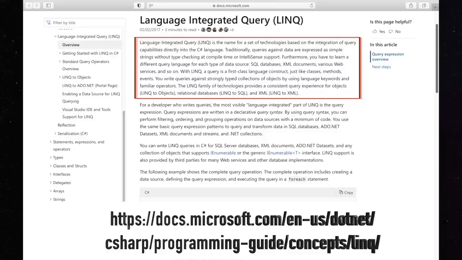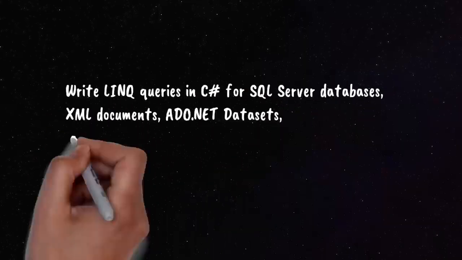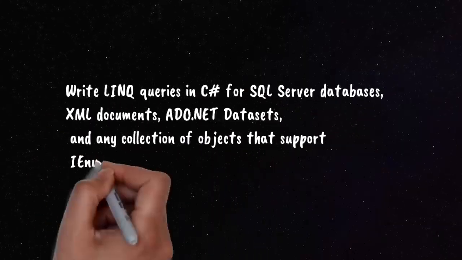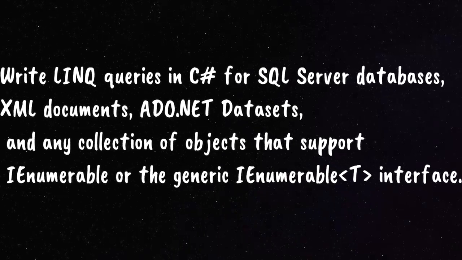The LINQ family of technologies provides a consistent query experience for objects, LINQ to objects, relational databases, LINQ to SQL, and XML, LINQ to XML. Note that you can write LINQ queries in C# for SQL Server databases, XML documents, ADO.NET datasets, and any collection of objects that support the IEnumerable interface or the generic IEnumerable interface.